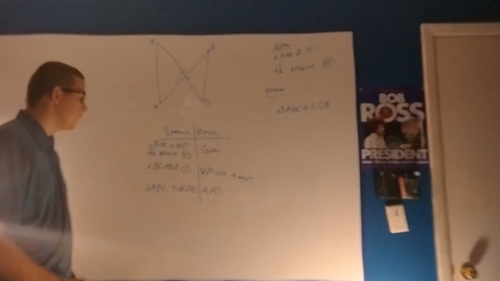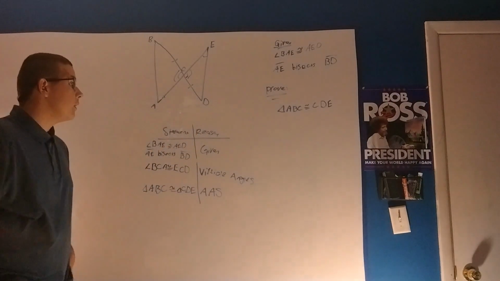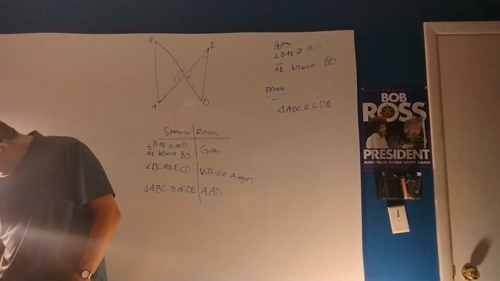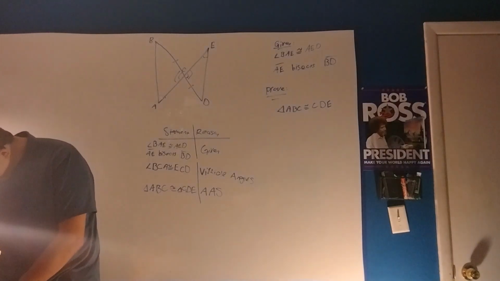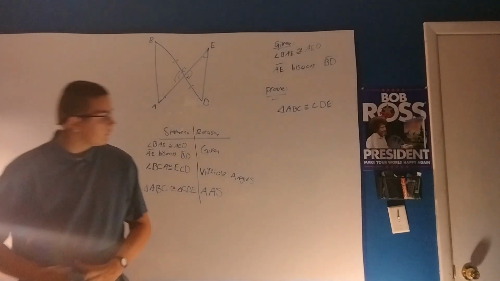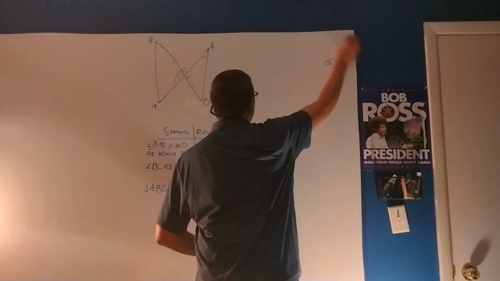AAS congruency. So that's how you would prove that these two triangles are congruent. And I think I have, oh no, I have 3 more examples for you. You got quite a few examples for this chapter, but this chapter is going to be really important.